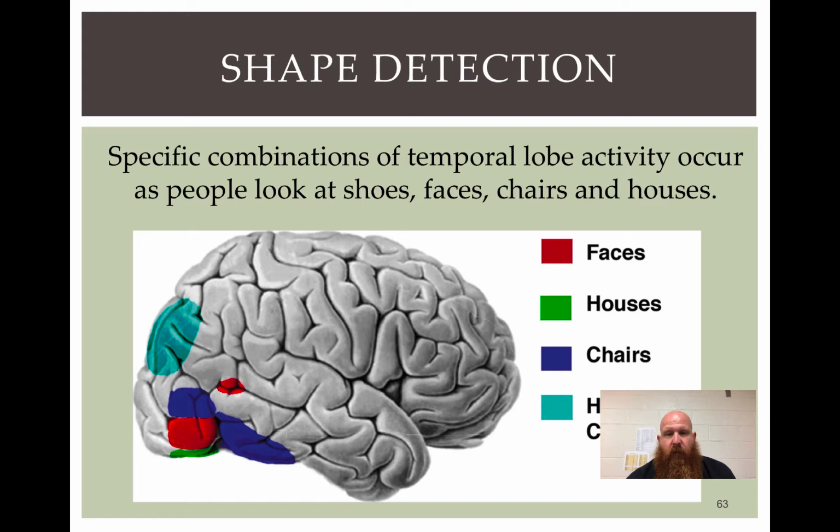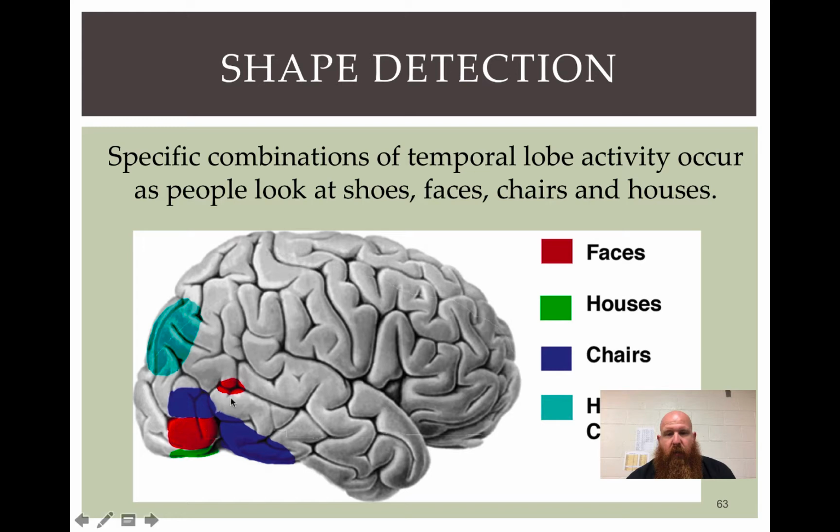All right, and shape detection occurs in different areas of the brain. And again, they've done this through just experimentation. They'll map. They will hook electrodes to the scalp, and that will measure electrical activity, and then they'll just show people things, and different parts of the brain fire on different things.